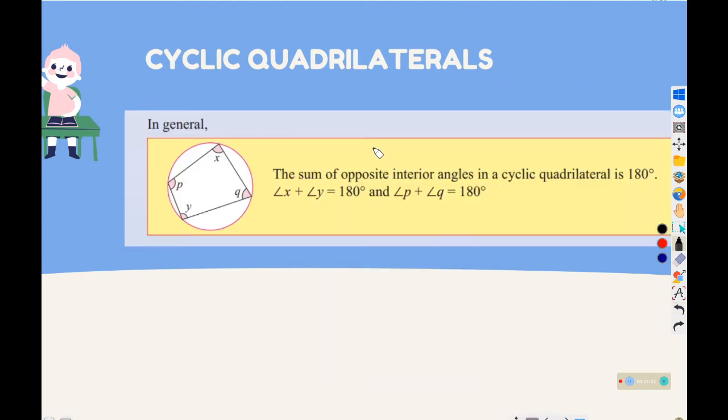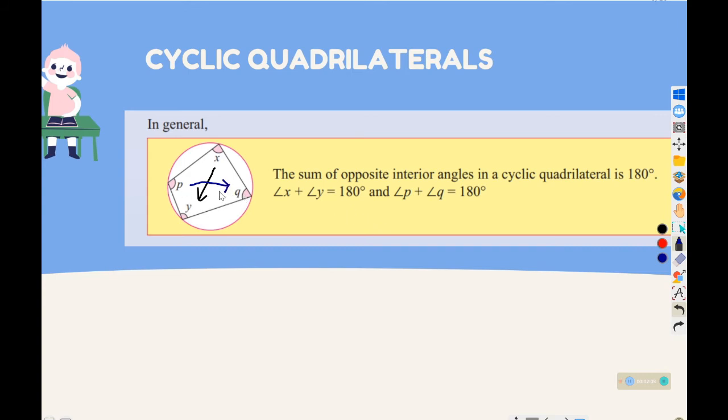In a cyclic quadrilateral, the sum of opposite interior angles is 180 degrees. Here, X and Y are opposite to each other, so angle X plus angle Y is equal to 180 degrees. And angle P plus angle Q is equal to 180 degrees, as P and Q are opposite to each other.